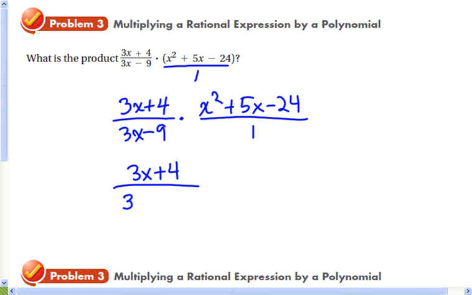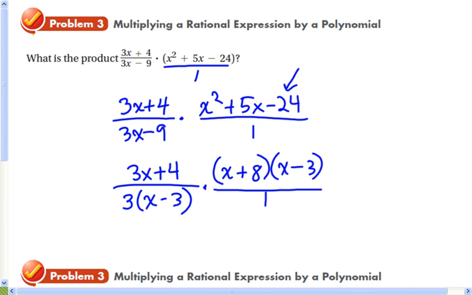3x minus 9 can be factored as a common factor of 3 in those two terms. X squared plus 5x minus 24, is there some number that has a product of negative 24 and a sum of positive 5? And there is. 8 and negative 3. So I'm going to do x plus 8, x minus 3 over 1. Now I'm going to look for common factors.